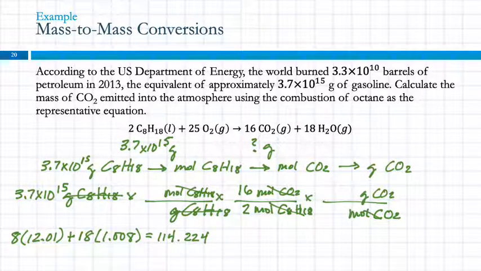Calculator gives me 114.224. Thinking ahead about significant figures, my starting number only has 2 significant figures. That's going to limit my answer, and so having some extras here is not going to hurt anything. You can round it if you want to. So 1 mole of that, 114.224.